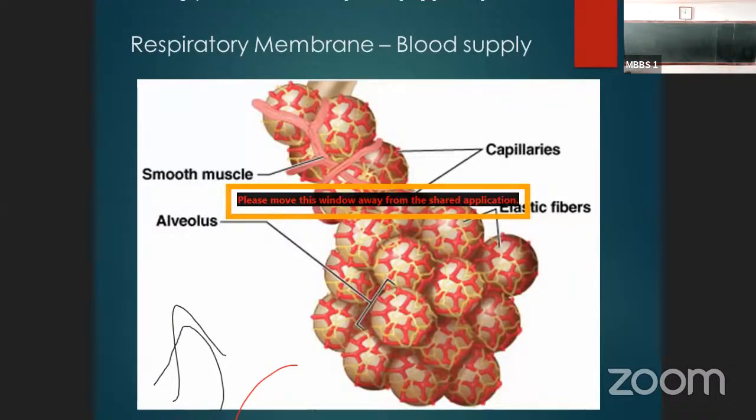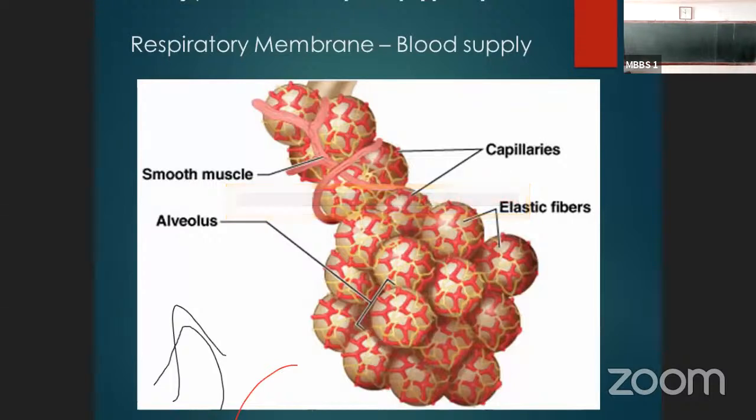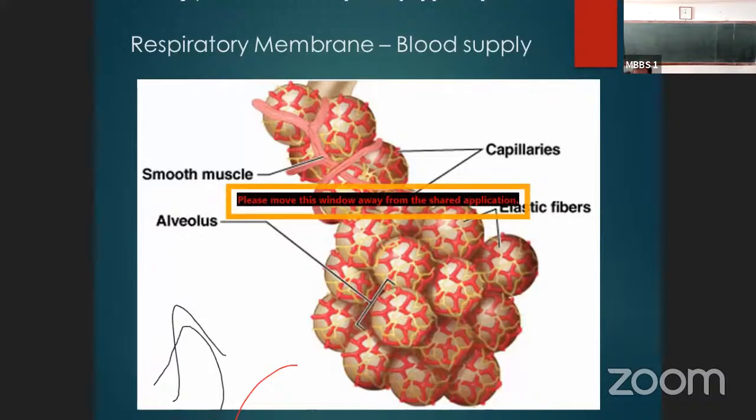Now, through the pulmonary artery, deoxygenated blood will be transported to the lungs. Is it clear? Where the oxygenation of the blood will be there. Oxygenated blood through the pulmonary vein will be carried up to the left atria. From there, the blood will reach into the left ventricle, where the cardiac cycle will be there.